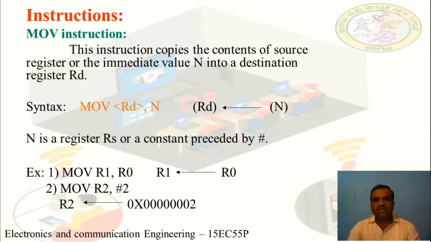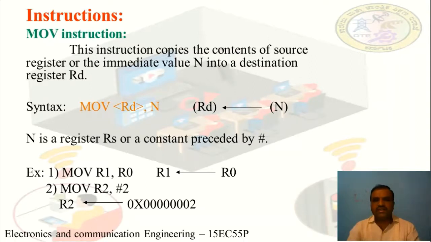Now we'll see some of the instructions needed to write this program. First instruction is the move instruction. This instruction copies the content of the source register or the immediate value into a destination register.